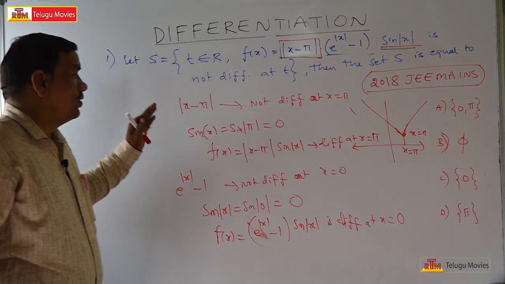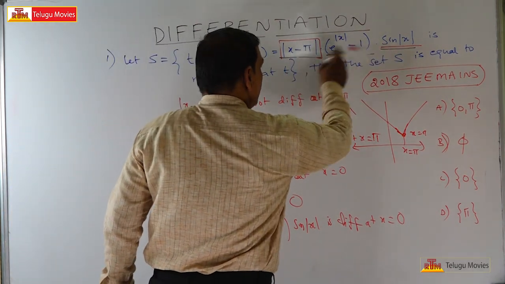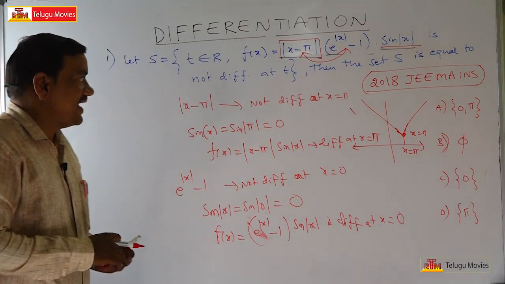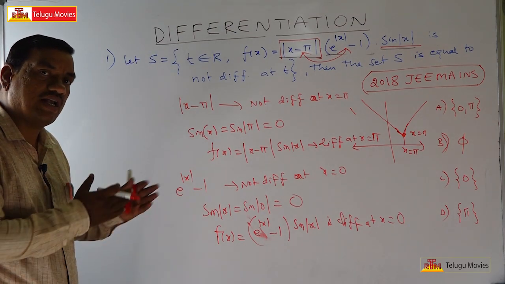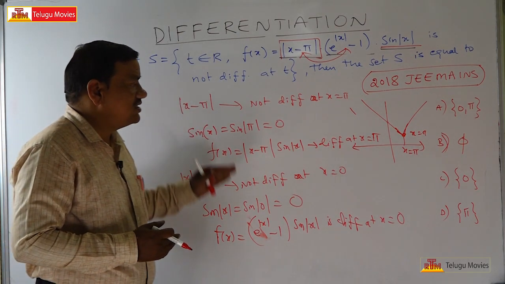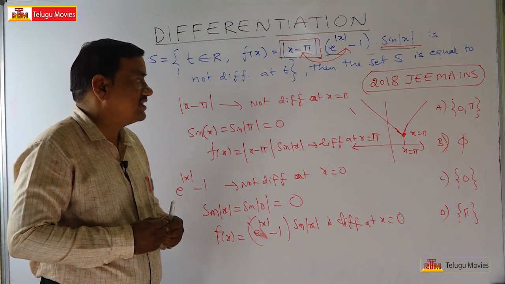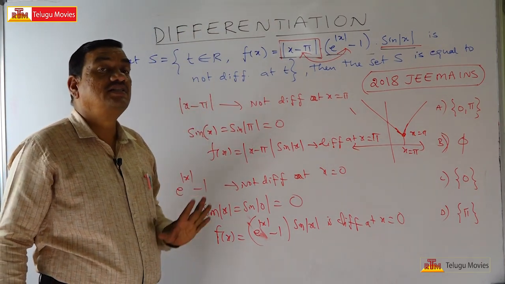Okay now, these two are over. If you take these two also, x minus pi and e power modulus of x minus 1, they are also the same concept. If you follow the same logic, they are also differentiable. So, from this we can say that the statement that the function is not differentiable at t is wrong.